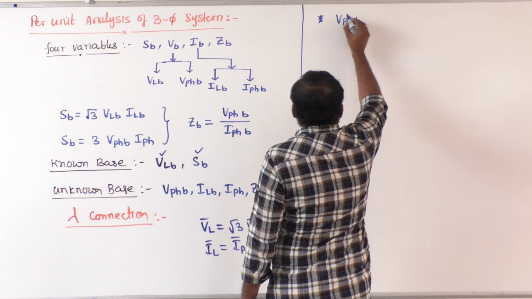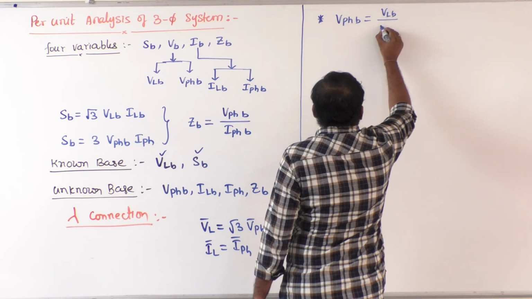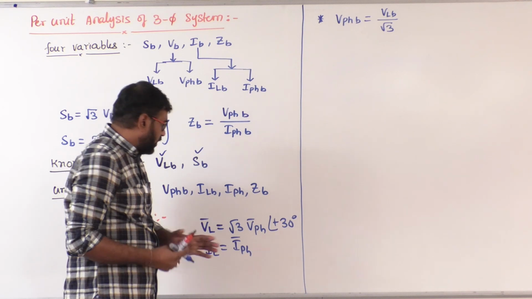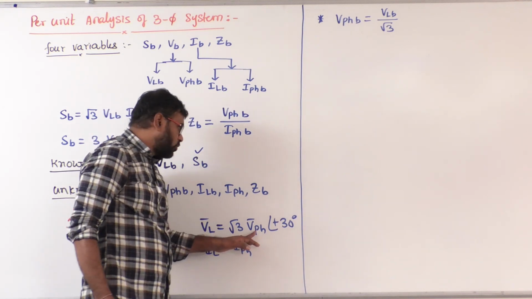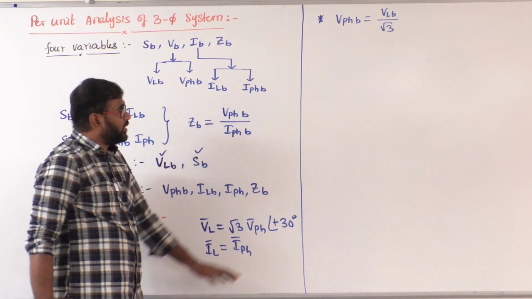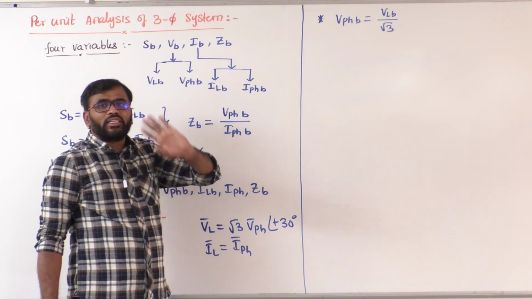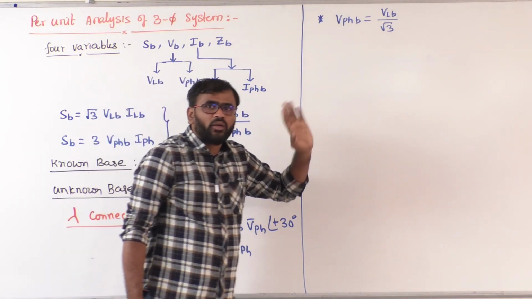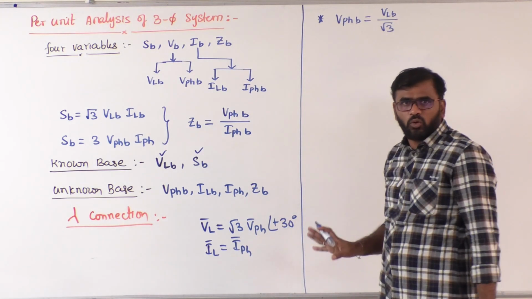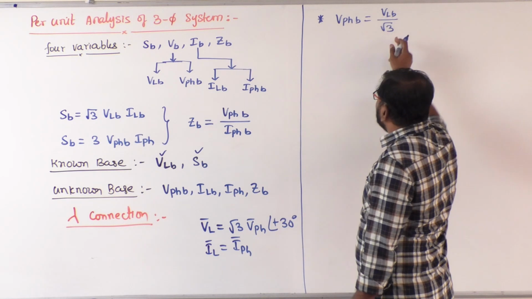V phase base equals V line base by √3. Will minus 30 degrees come here? For actual parameters, V phase equals V line by √3 at an angle minus 30. But will minus 30 come here? No, because base quantities are only magnitudes. So V phase base equals V line base by √3. We have written V phase base, that is unknown base, in terms of known base.